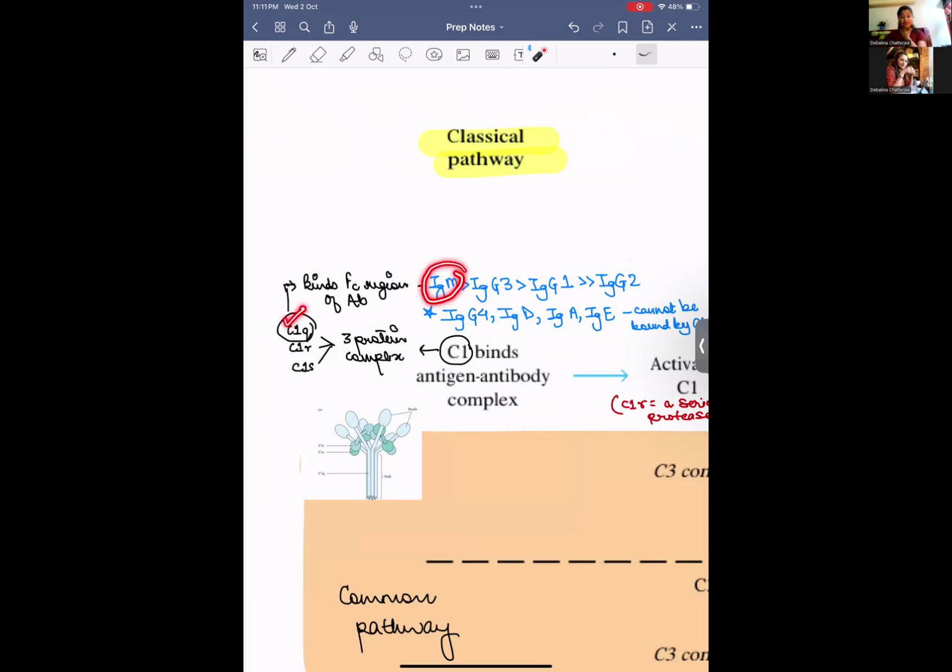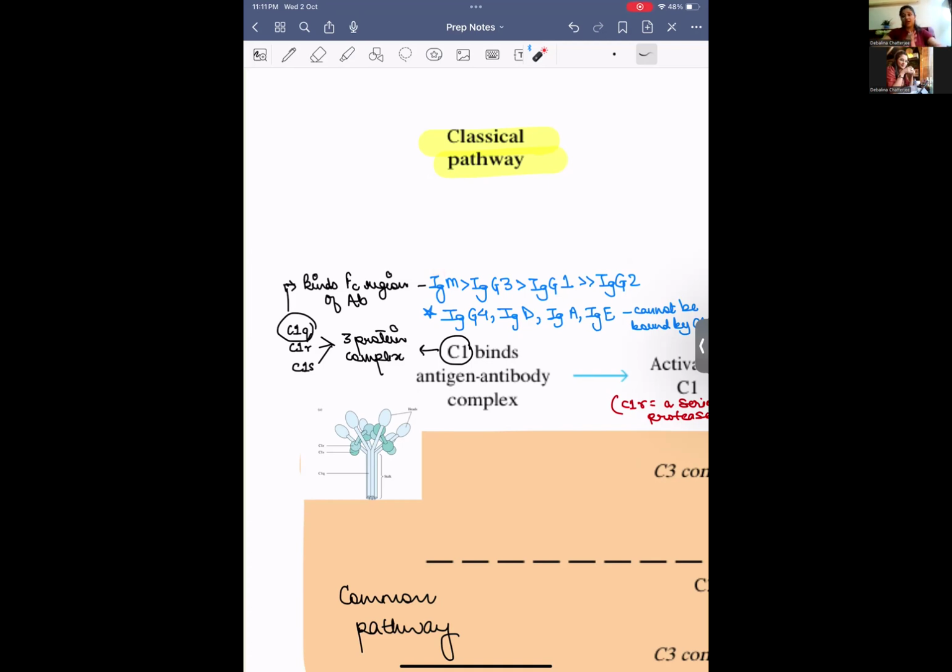So IgM is also a pentamer, has highest avidity, and also has the highest binding affinity to C1q, so it can bring about an effective clearance response by involving the complement system. It can bind to multiple antigens and neutralize them. So that's how IgM is the first antibody.